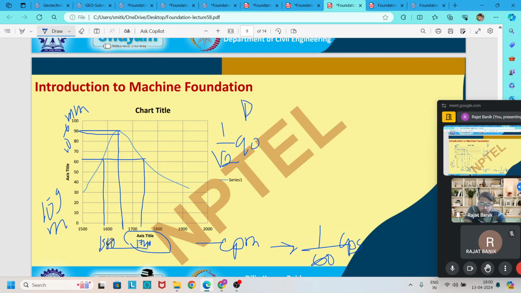So convert all of this to CPM. At maximum amplitude, 1 by root 2 of it is 63.63.